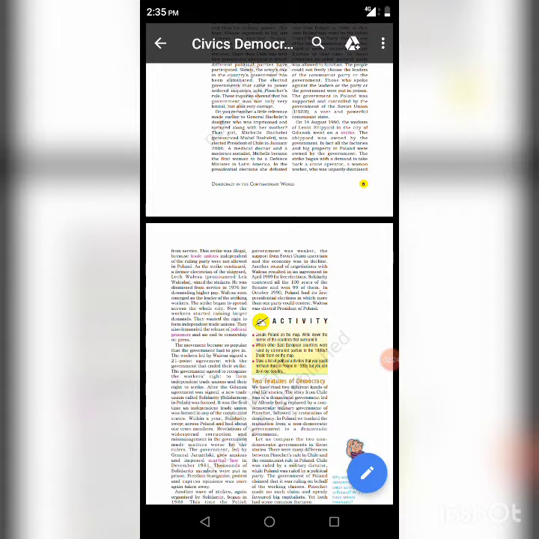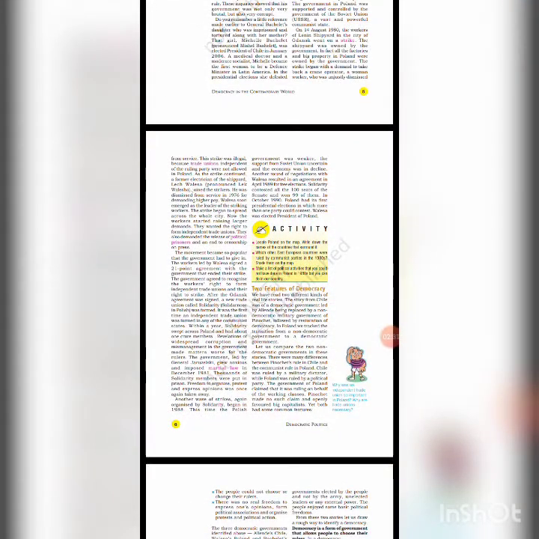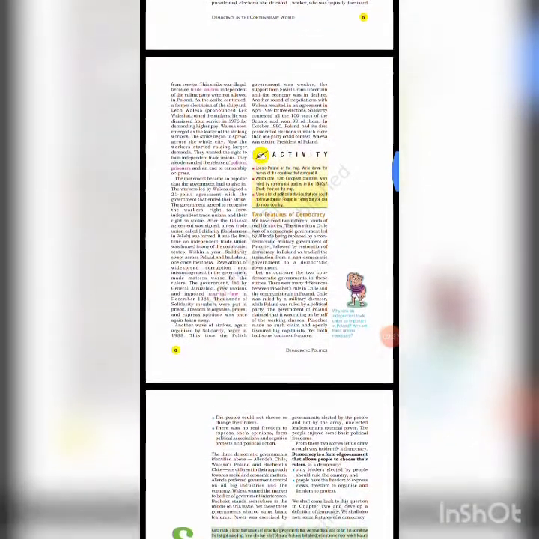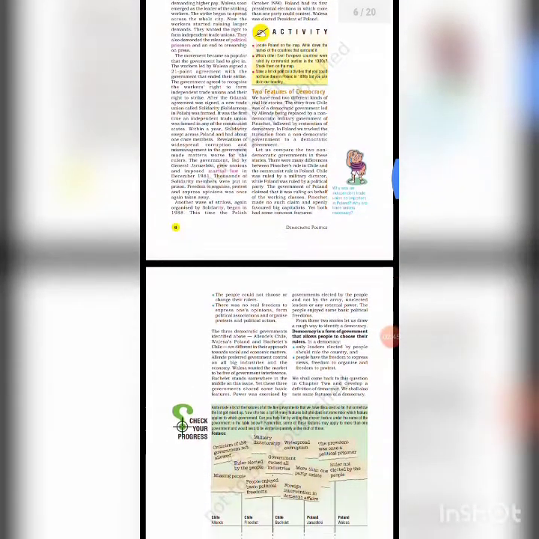The march of democracy has met with setbacks and successes throughout history. In the 19th century, there were only a few democratic states. After the Second World War, in 1950, more countries were added.